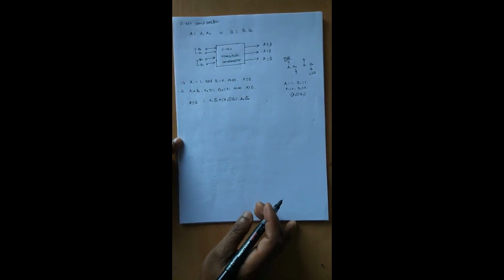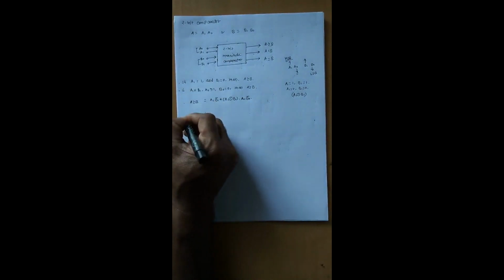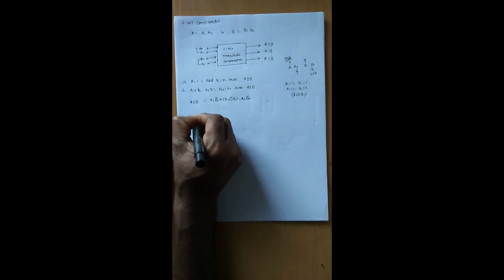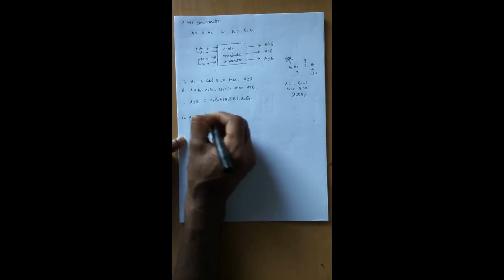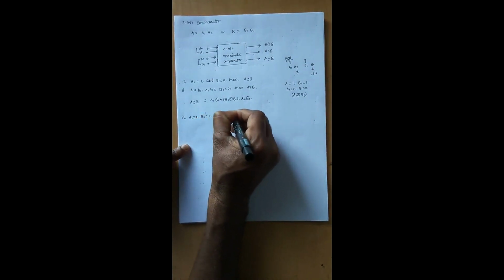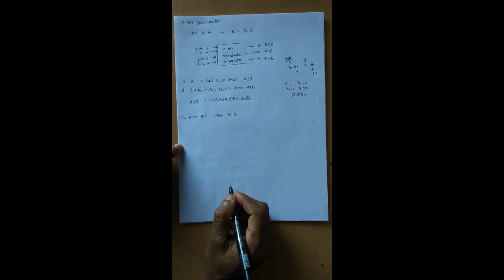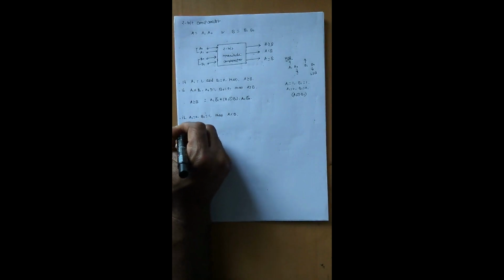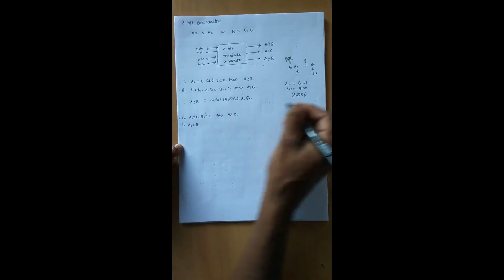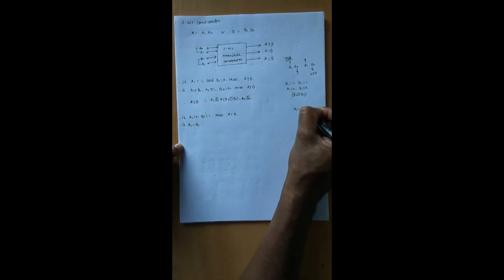Then go through the next, the second one. If we assume that A1 is 0 and B1 is 1, then A is less than B. This condition will arrive. In the next condition, what will happen if A1 is equal to B1, for which A1 will be 1 and B1 will be 1, as well as A1 will be 0 at the time B1 is also 0.